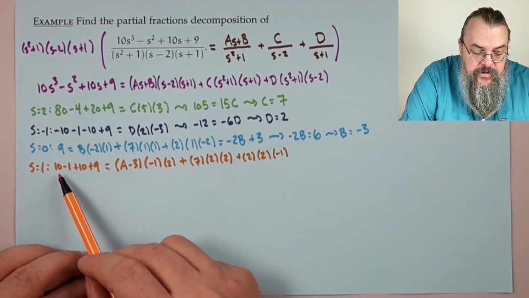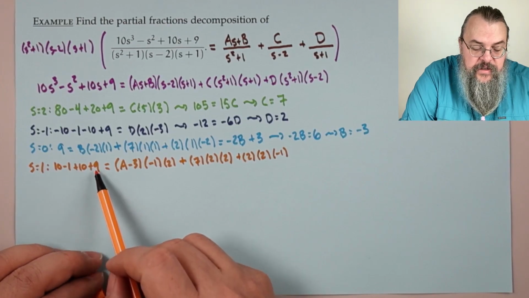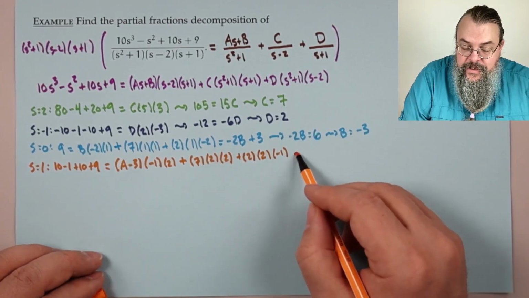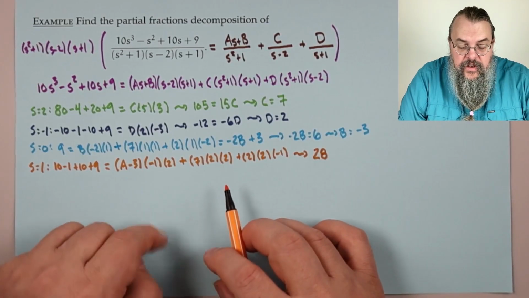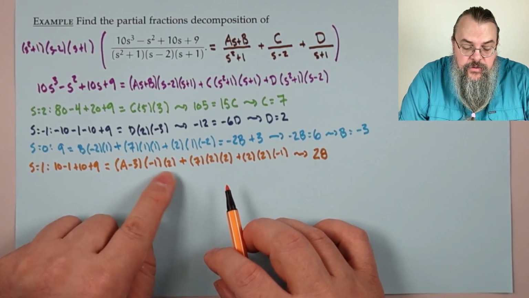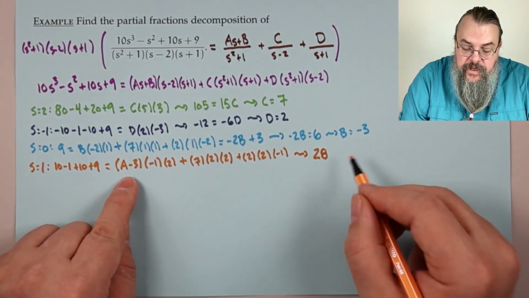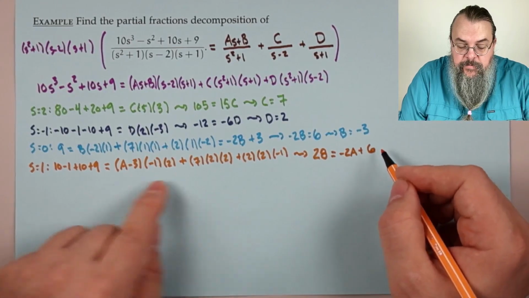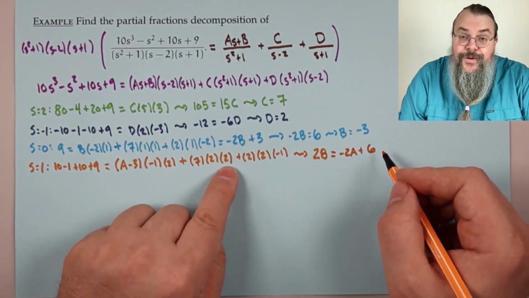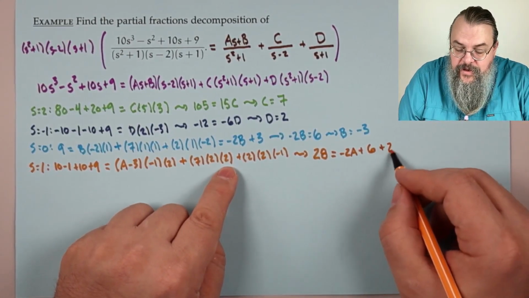Okay, so let's see. 10 plus 10 plus 9 is 29. Subtract 1 gives us 28. Great. Then we'll have a minus 2 times A minus 3. So that becomes minus 2A plus 6. 7 times 2 times 2 is 28.